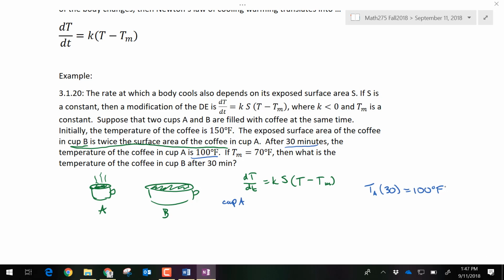Tm? What's Tm? Well, it would also be the same for cup A, I think. It's also the same because we're pouring these two cups in the same kitchen, where they have the same temperature.